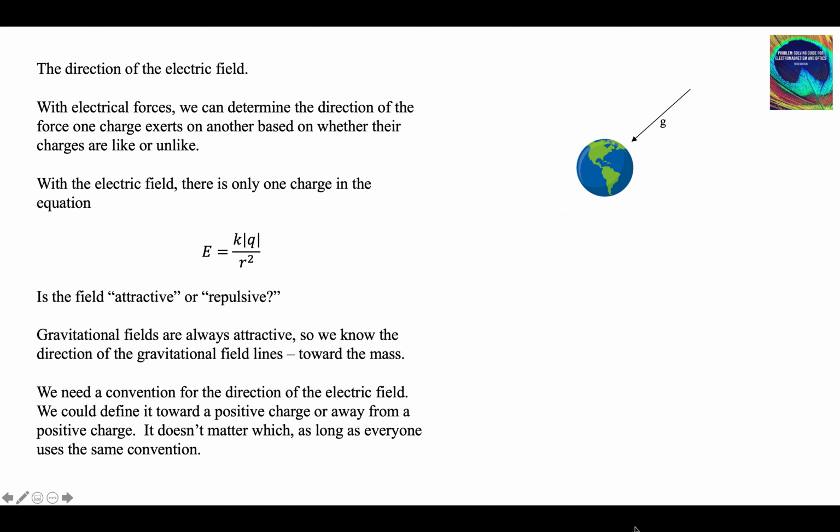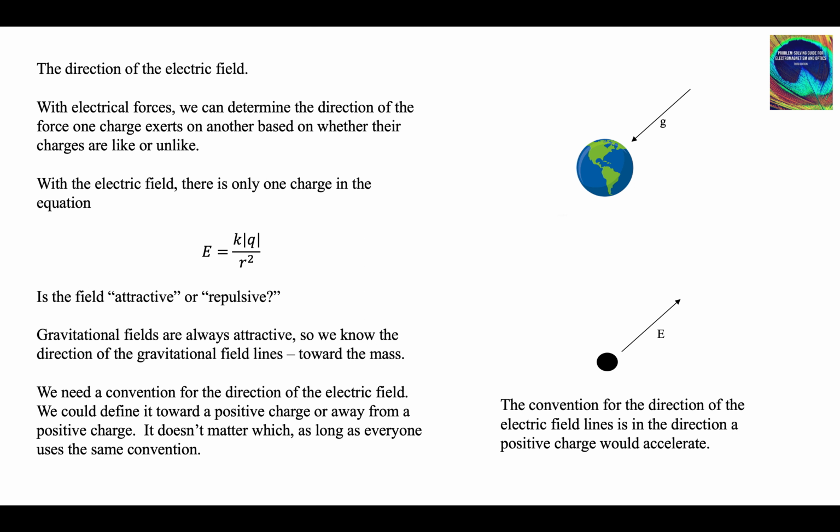It doesn't matter how we do it, but we have to make sure everybody understands and uses the same convention. So if this is a positive charge, which way is the field? Is it towards it or is it away from it? Could be that, could be that. Well, we have to make a decision, and we made a decision, and it's this.